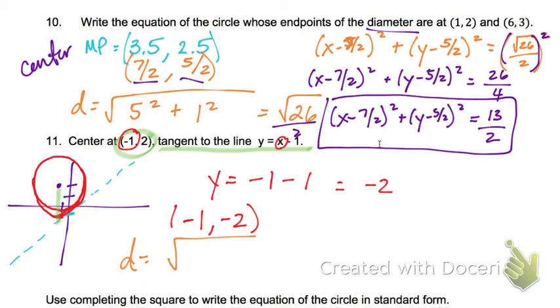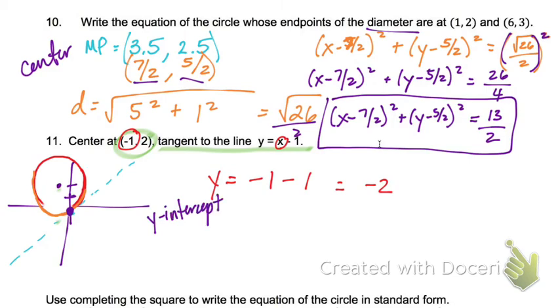Okay, I want to go back and find a new point because I don't like that point, because I'm not sure. I know on this line, this point right here, the y-intercept, will for sure be on there. So I want to plug in for the y-intercept, because that one always works.